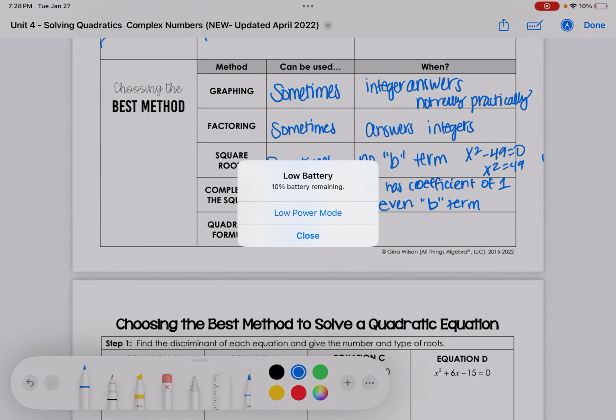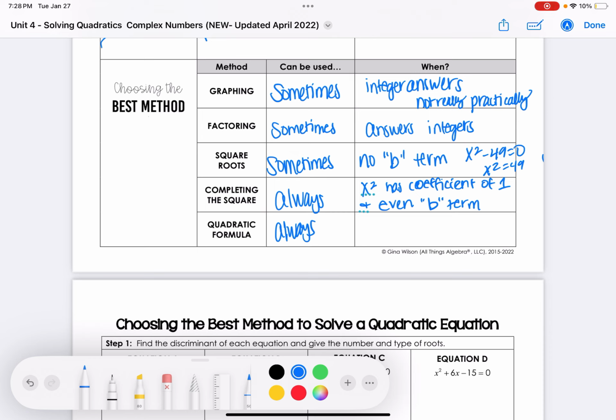Something like x squared plus 2x plus 1. Our b term there, that 2, is even, and then you have a coefficient of 1 there. So that would be a good opportunity to use completing the square. Now that one I would probably factor, but anyway, you could use completing the square.